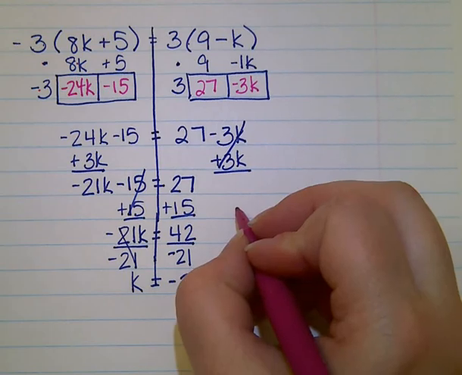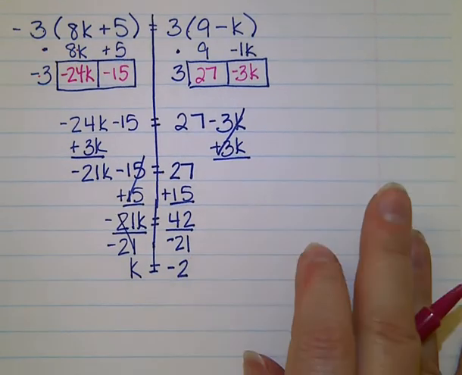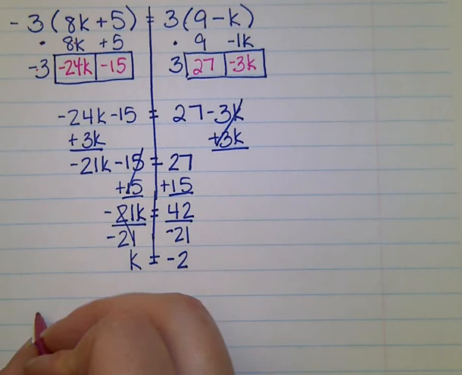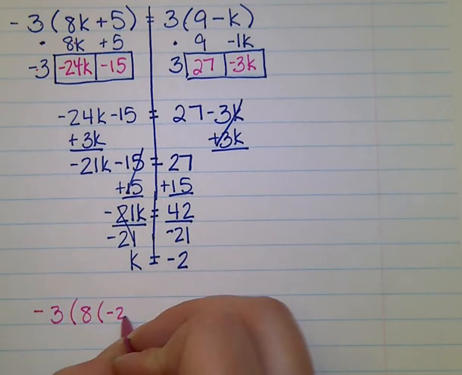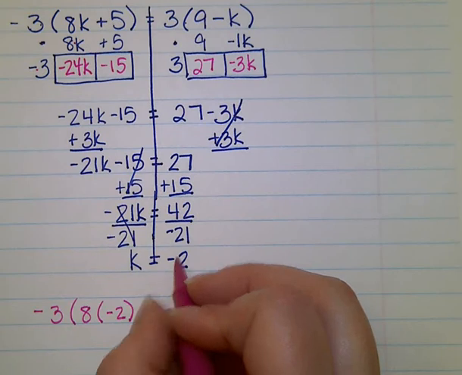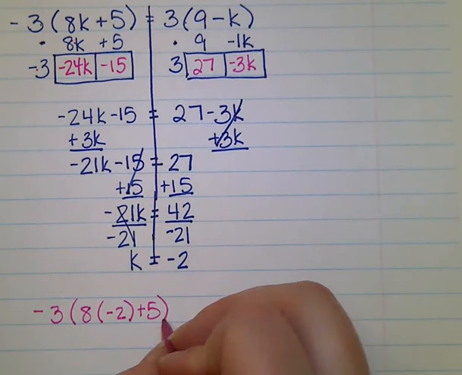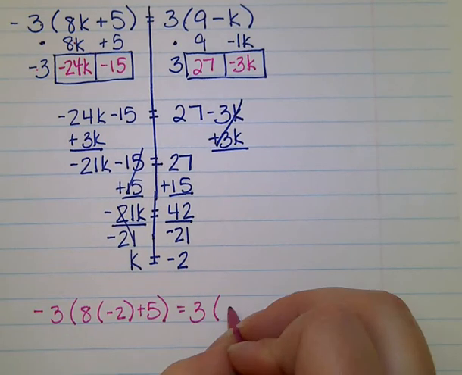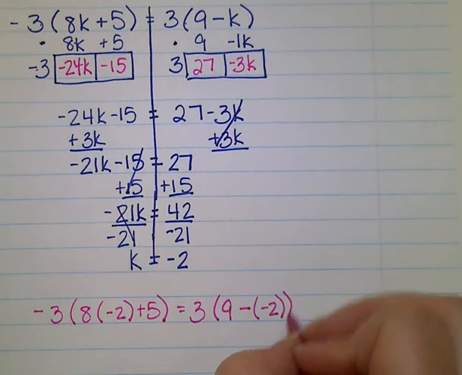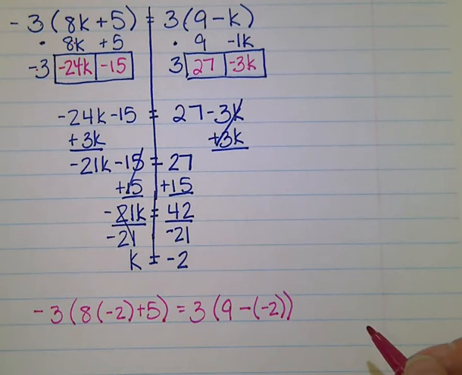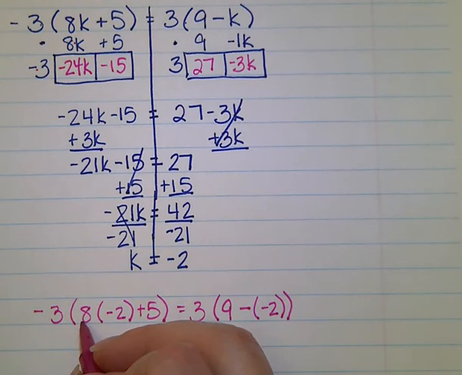So I have -3 times 8 times my k value, which I think is a -2, plus 5, is equal to 3 times 9 minus my k value, which again I think is a -2. When I do what's in the parentheses, 8 times a -2 plus 5, I get -11.